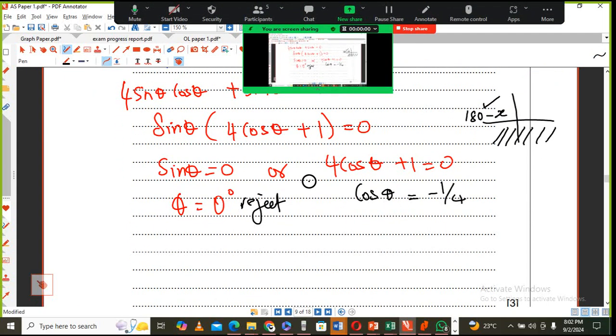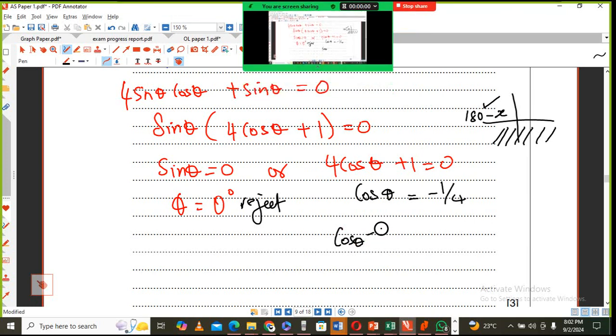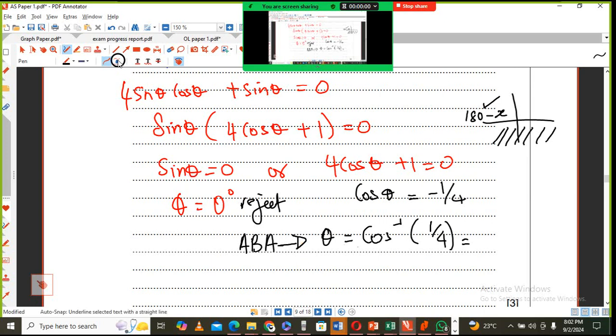If you calculate the acute angle, you do it without putting that negative there. So you're going to say theta equals the inverse cos of 1/4. So this is the acute reference angle, acute basic angle. And I'm going to call this one angle x.